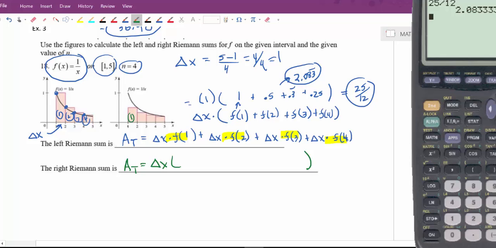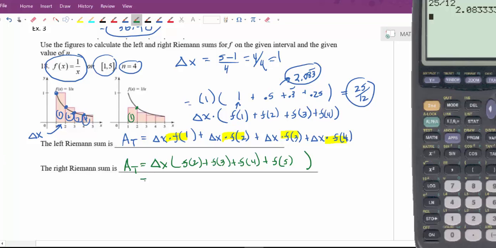F of 1 or F of 2 to give the height? F of 2. Okay, that's how tall the rectangle is. You've got to go to that function value to do that. So you're going to do F of 2, then you see the pattern. Then you're going to go F of 3 plus F of 4 plus F of 5 like that. Okay, then you've got your right endpoints.